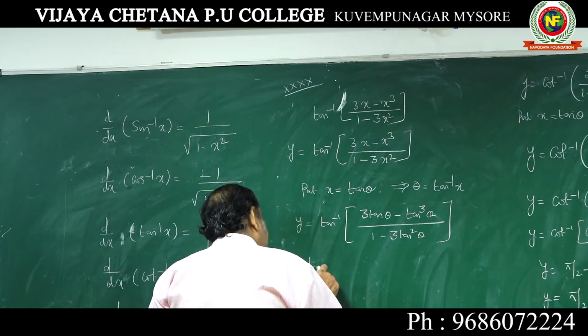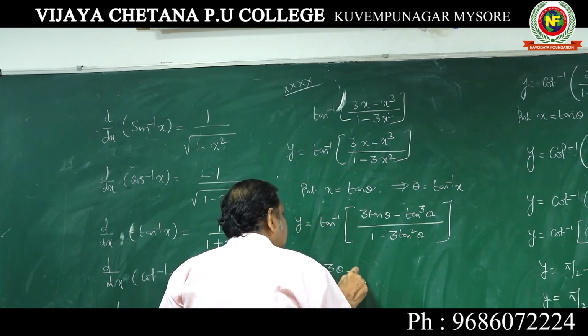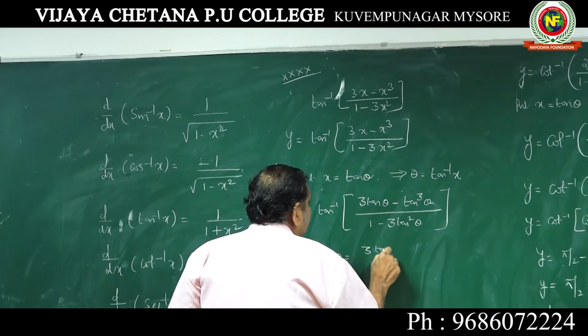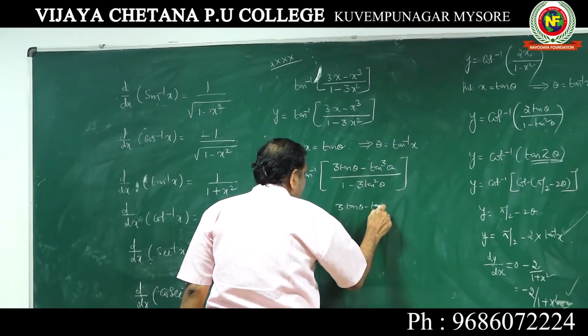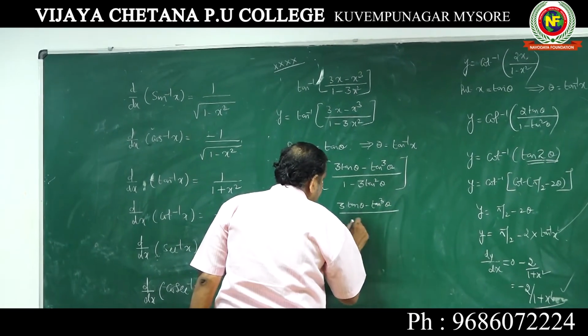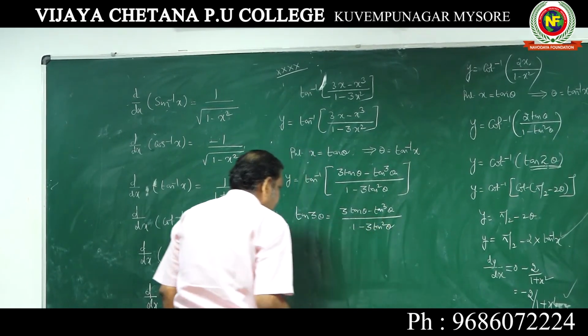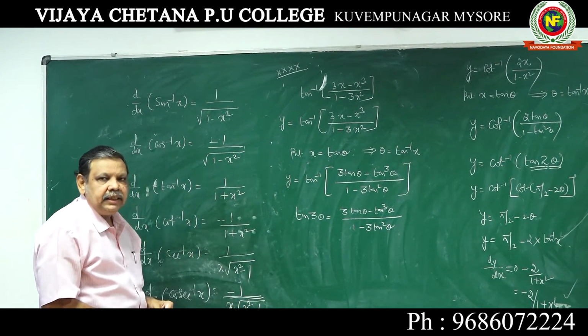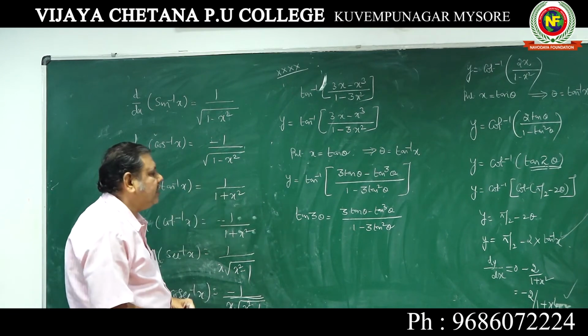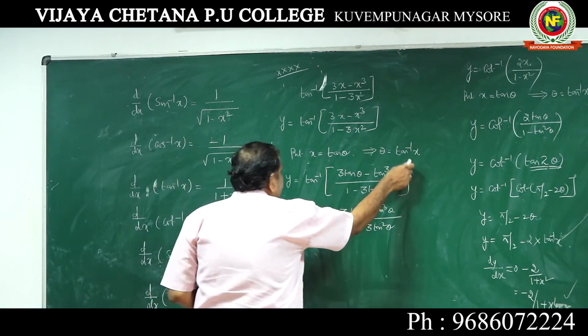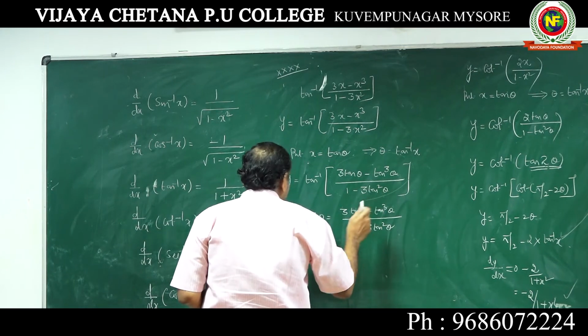You know the formula, there is a formula: tan 3 theta is 3 tan theta minus tan cube theta by 1 minus 3 tan square theta. So the whole thing can be substituted as tan 3 theta.